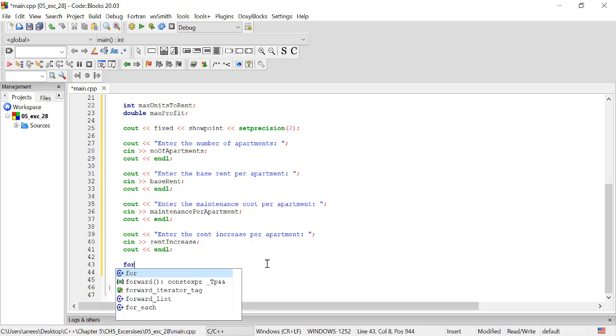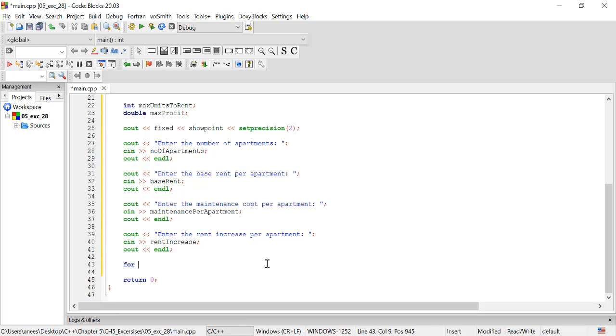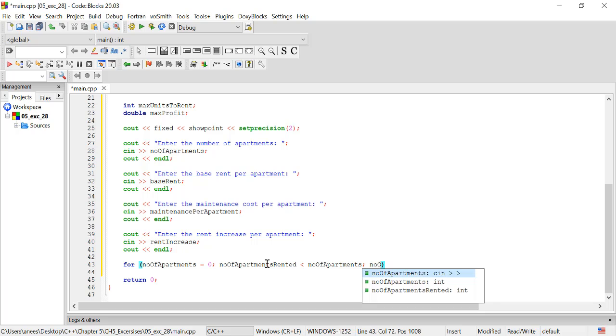Now we can write in for number of apartments rented is equal to 0. Number of apartments rented is less than number of apartments. Number of apartments rented plus plus.